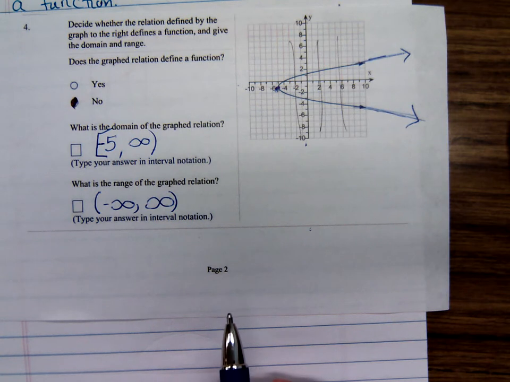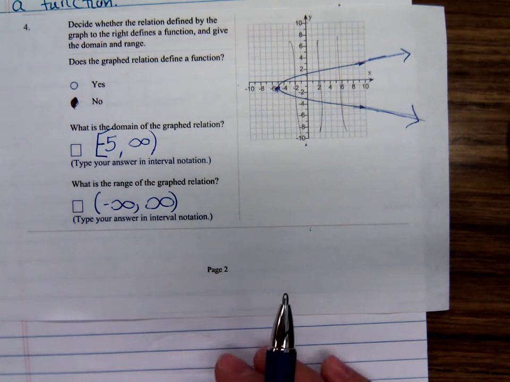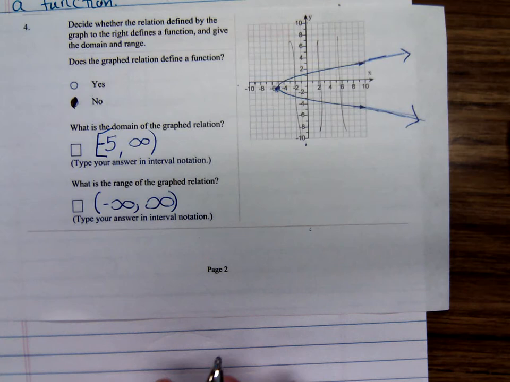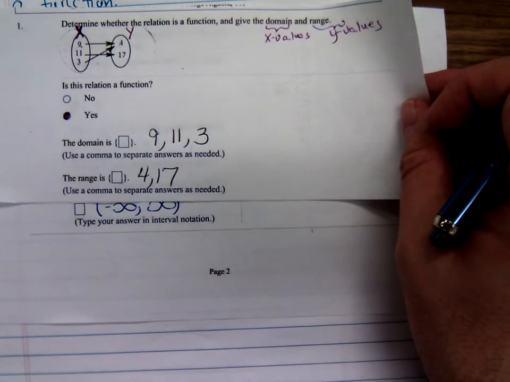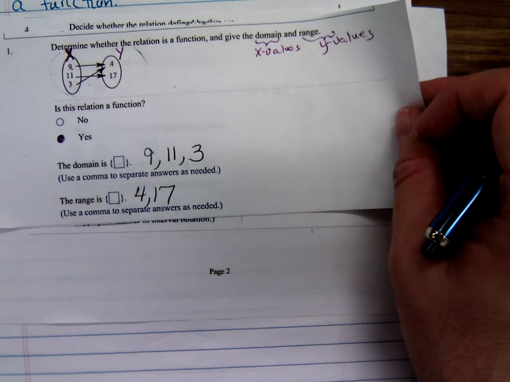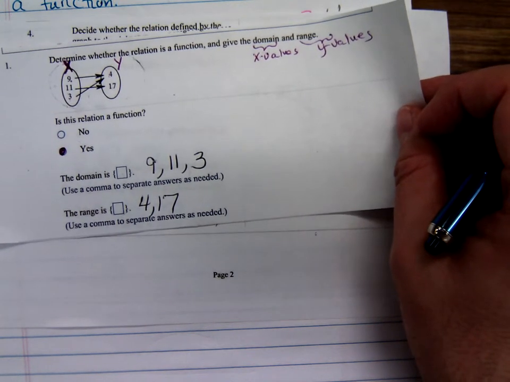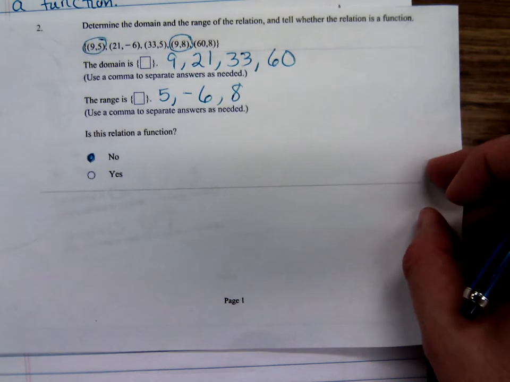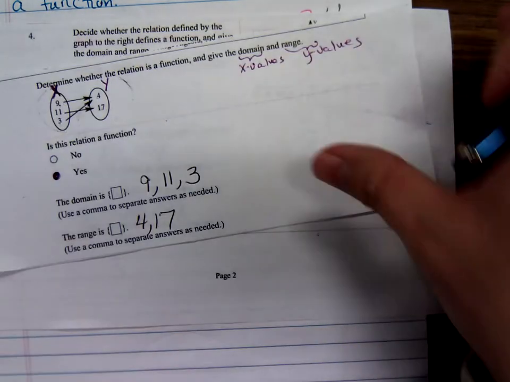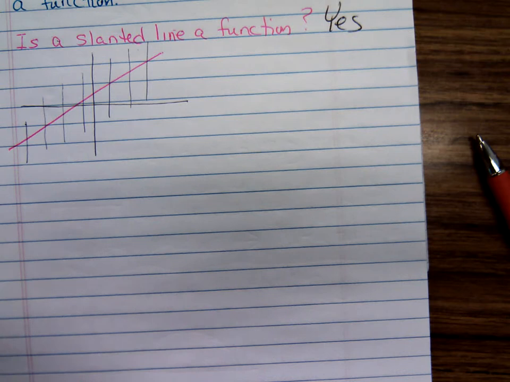So functions, we've seen them, they could be written just as a little rule, or they can be written as ordered pairs, or you might see graphs. Another way you might see functions written is as equations.